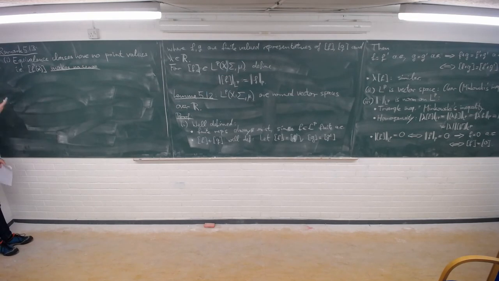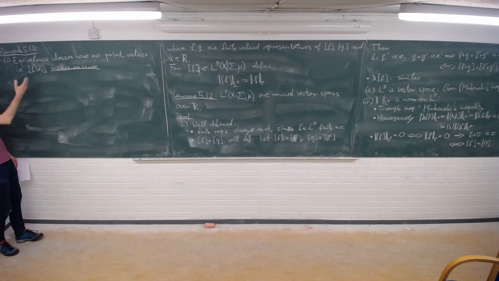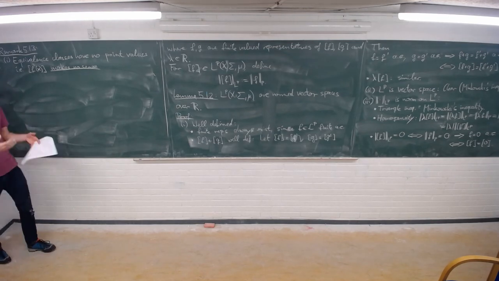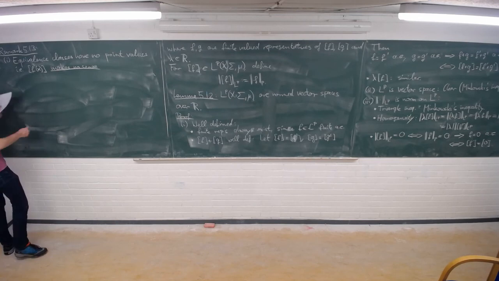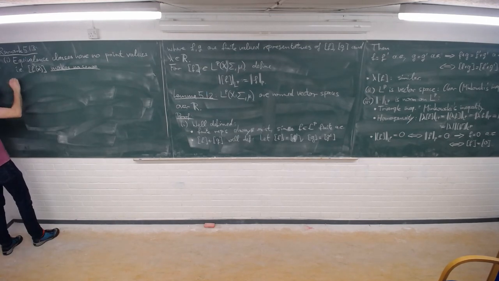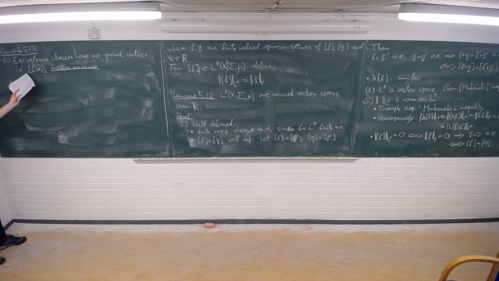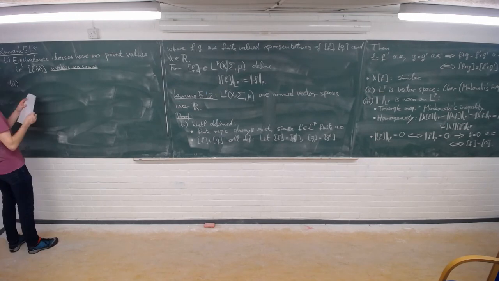All we know about these equivalence classes is that they contain functions that differ only on a set of measure 0. But it could be any set of measure 0. So at one particular point, an equivalence class has no value.